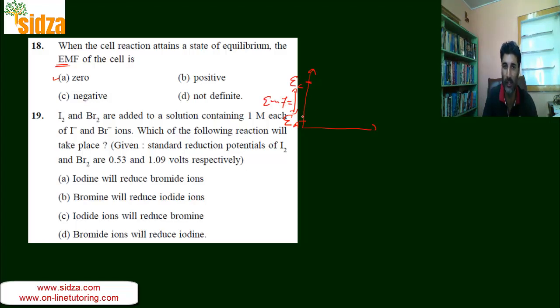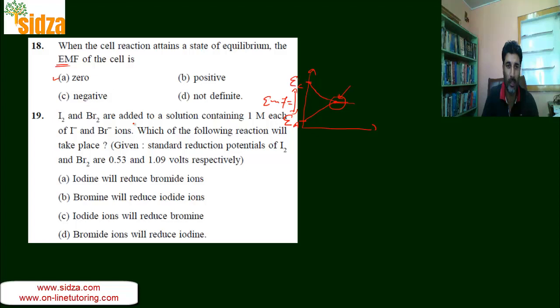With time the reduction potential of the cathode decreases and that of the anode increases, and a point will be reached when both the electrodes have the same electrode potential. This is the state of equilibrium. The reduction potentials are the same, the EMF is 0, that means the cell will not produce any more current.